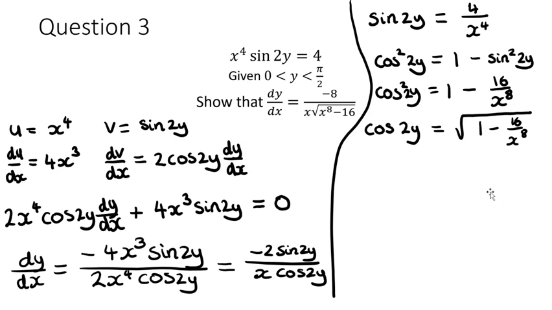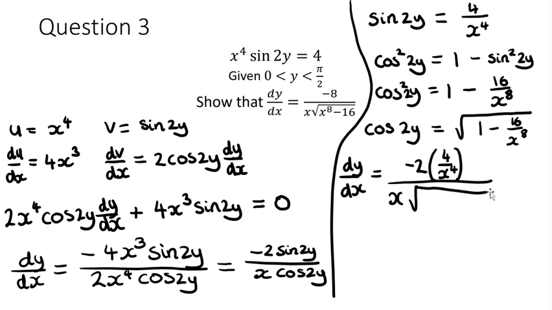in terms of x. So let's now go back to this dy by dx and start subbing this all in. So the sine 2y gets replaced with 4 over x to the power of 4. And the cos 2y gets replaced with 1 over 16 square root of 1 minus 16 over x to the power of 8.